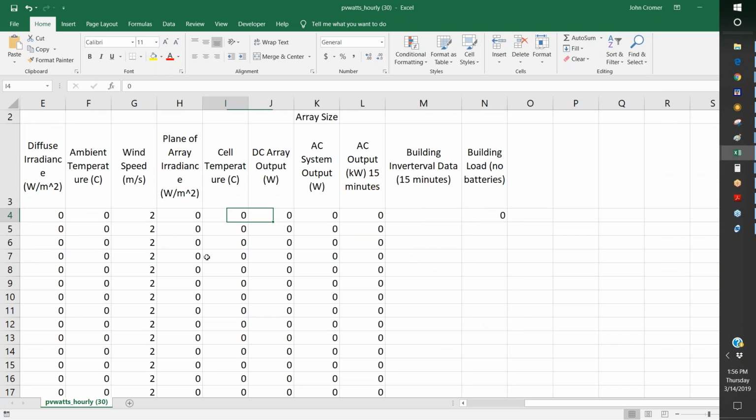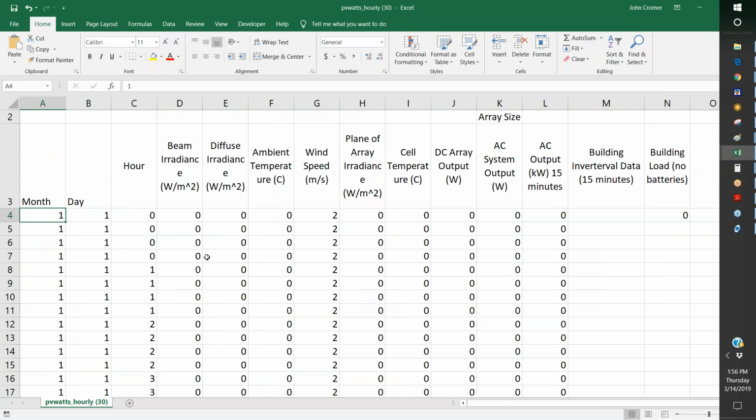PV Watts is going to give us hourly data. We also need to check for leap year, and we also need to check for daylight savings time. If you end up having a blank day or a blank hour in your data set because of leap year or daylight savings time, just use the previous day or the previous hour and smooth out that data so that it's all consistent. So, leap day, daylight savings time.